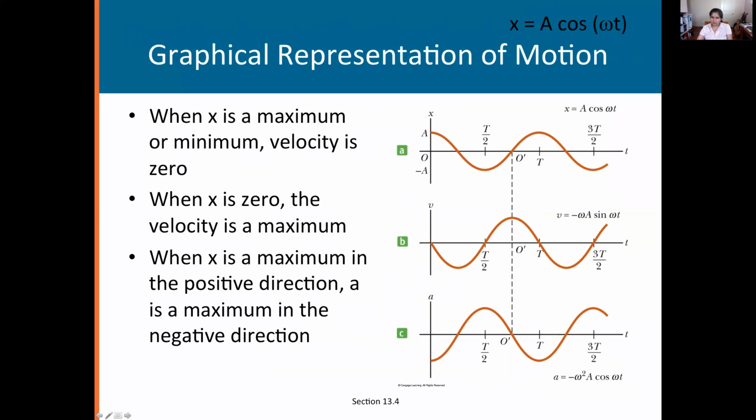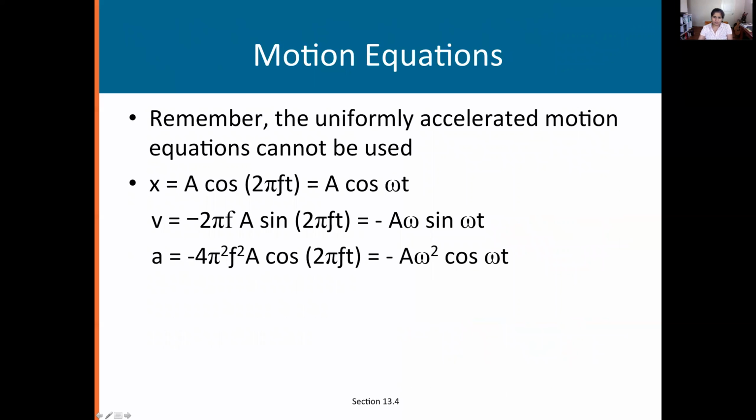Remember, the negative omega A sine omega t, and then we're going to get another cosine, which is an opposite of this, but not equal in magnitude, because in magnitude we have the omega squared term multiplied into the A. So this is no longer A, this is omega squared A. Here are our formulae. x equals A cosine omega t, v equals negative omega A sine omega t, a equals negative A omega squared cosine omega t, and the ones to the left just replace omega with 2 pi f.